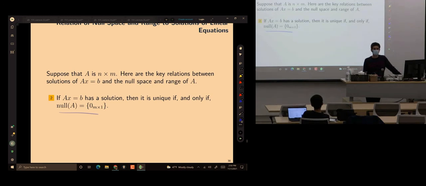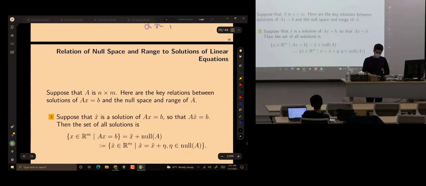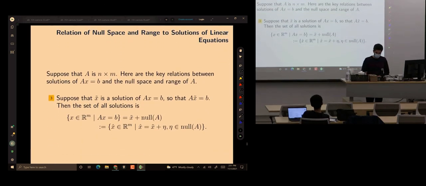Null space is a subspace. If there is a vector in null space that is not 0, then every alpha times x bar is also in null space. So you get an infinite number of solutions. So it is unique if the null space contains only the 0 vector.